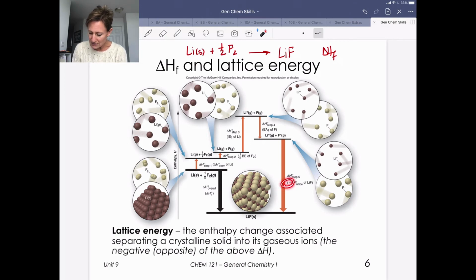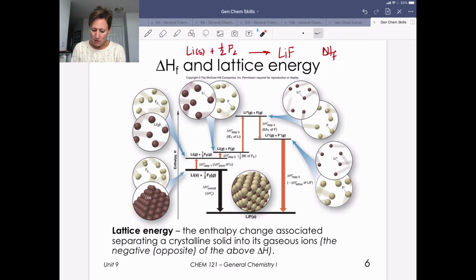So notice here, this is negative lattice energy. When we gain energy back, when we take those gaseous ions and allow them to form their crystalline salt, that is actually the negative of lattice energy. We define lattice energy as the energy that it would take to break apart a salt into its gaseous ions. Crazy amounts of energy.